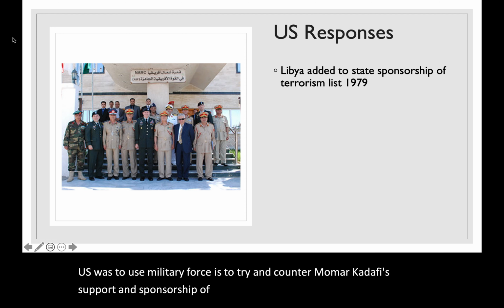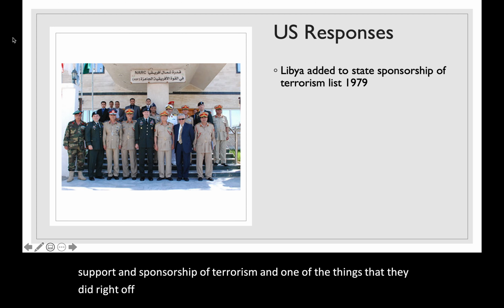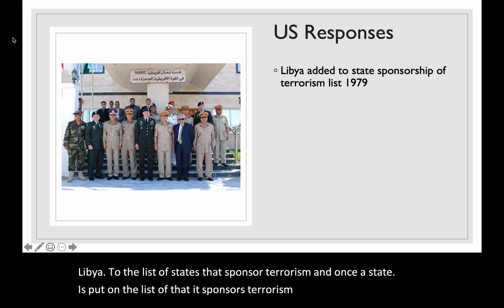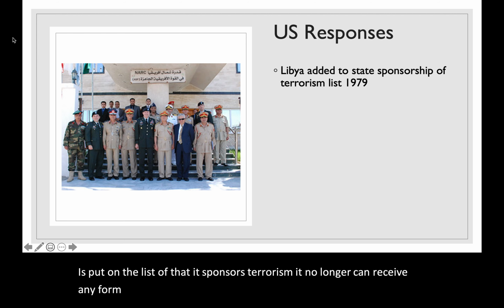And one of the things they did right off the bat in the late 1970s was add Libya to the list of states that sponsor terrorism. Once a state is put on that list, it no longer can receive any form of aid from the United States.